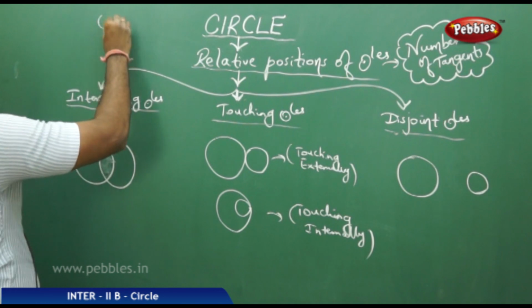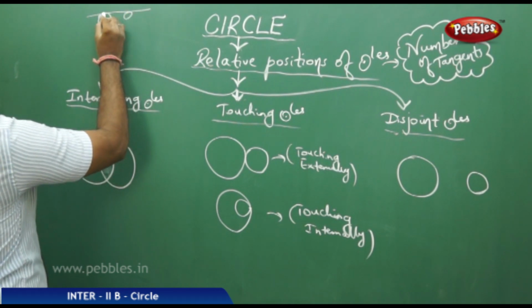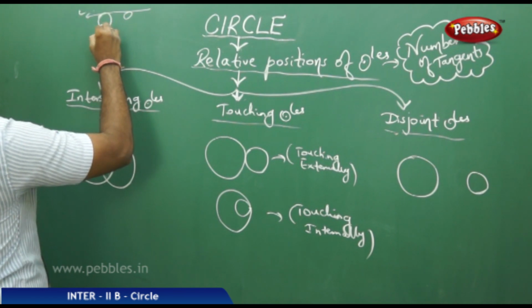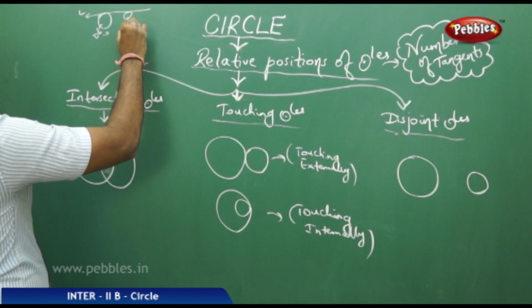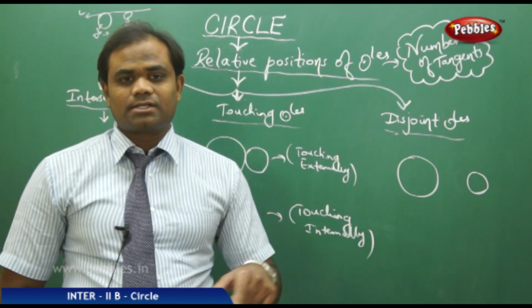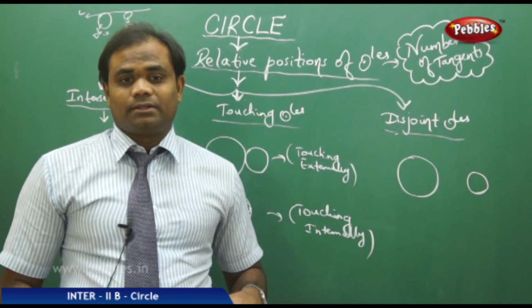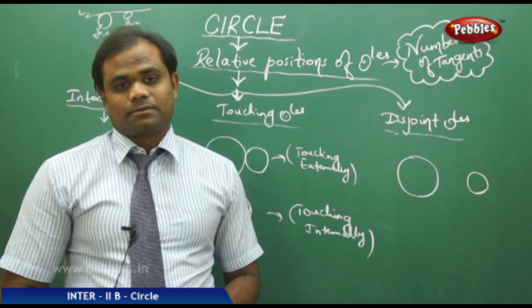Suppose I have two circles which are like this, then this is a common tangent because this line is a tangent to the circle 1, and this line is also a tangent to the circle 2. So if a line is a tangent to both the circles at once or at the same time, that tangent is called a common tangent for both the circles.